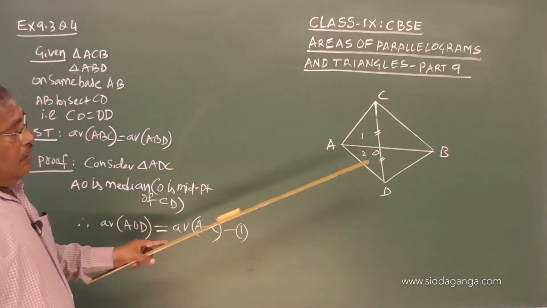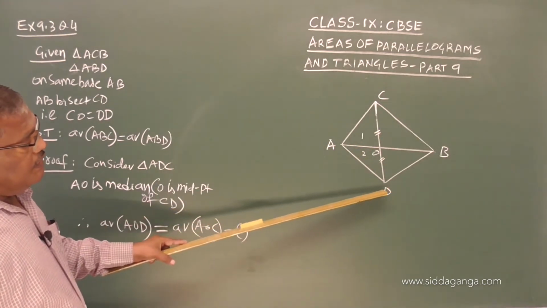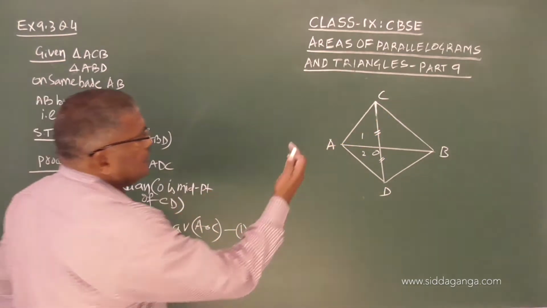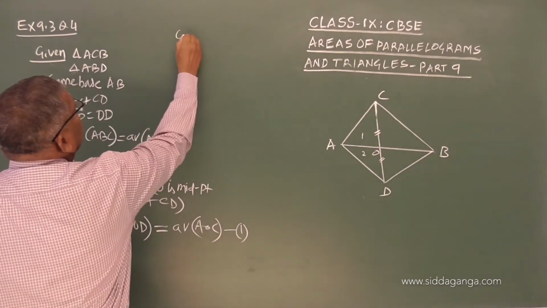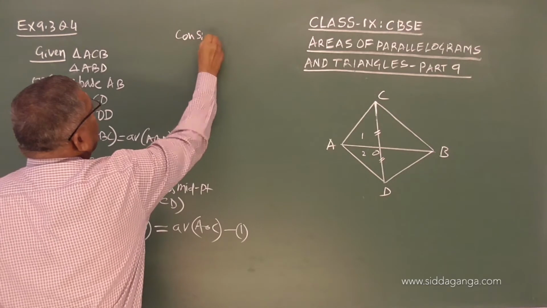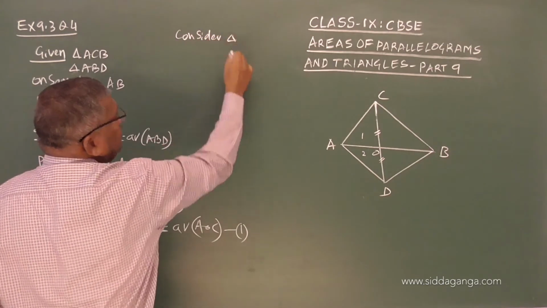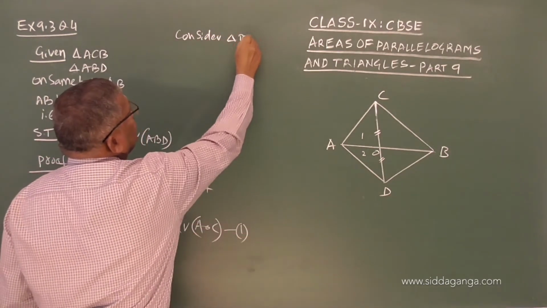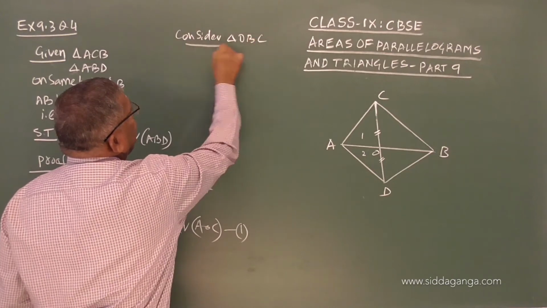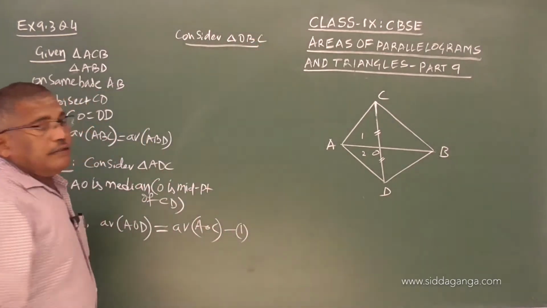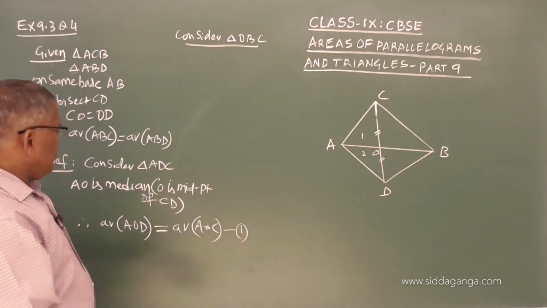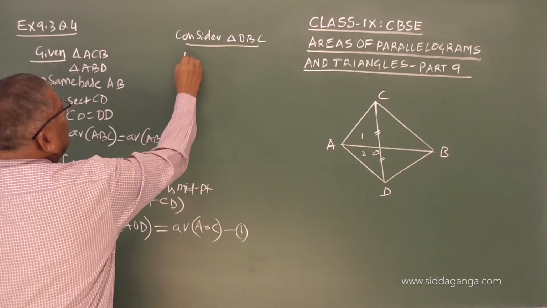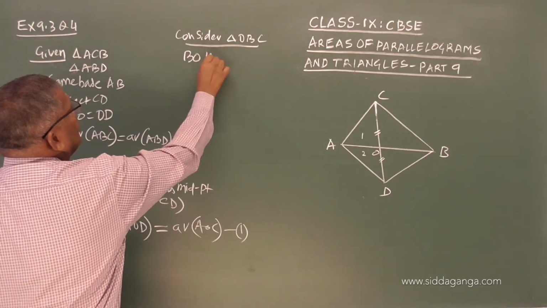Now consider triangle DBC, the right side one. Similarly, in triangle DBC, since O is the midpoint of CD, BO is median.